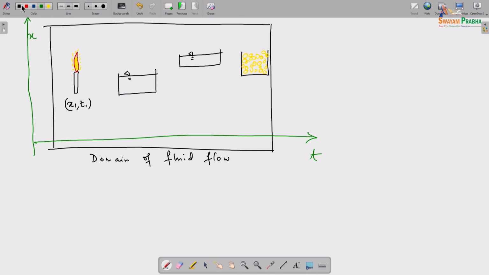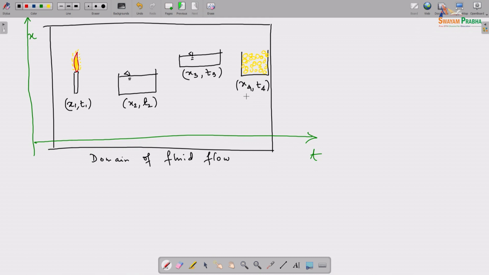Then this one is at location x2, t2, this is x3, t3, and t4. Okay. So, as you can see, basically I have these things here.